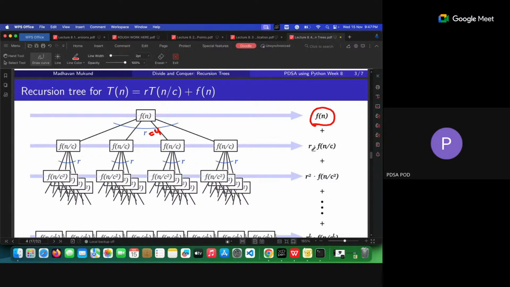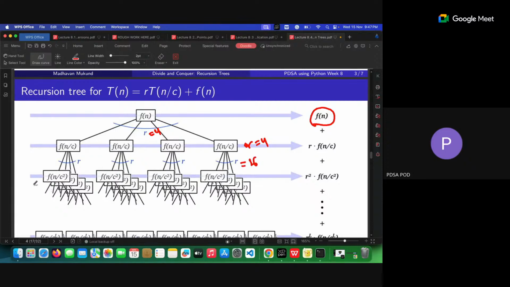Here r, the number of recursion calls, is 4. When it comes to the next level, r will become 16.